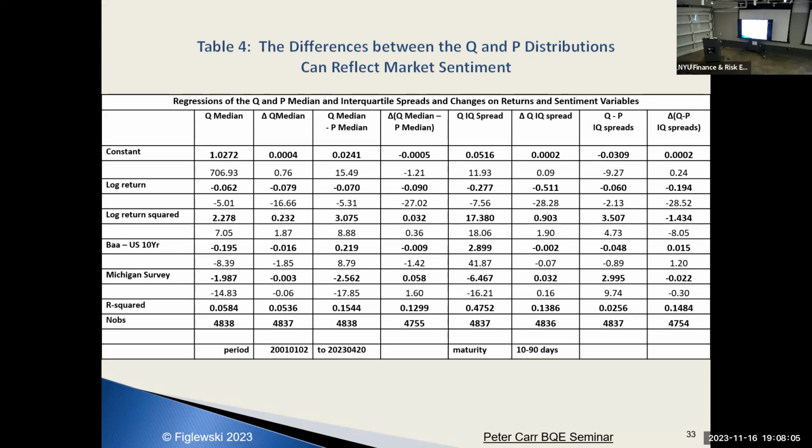For the Michigan survey, I would certainly think that the level would be more important. This one does change daily, so we can look at how this affects the change in the median, but I'm not looking at the change in this spread that would affect the change in the median. So again, I'm not sure that would be relevant.